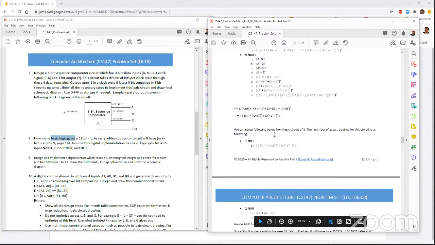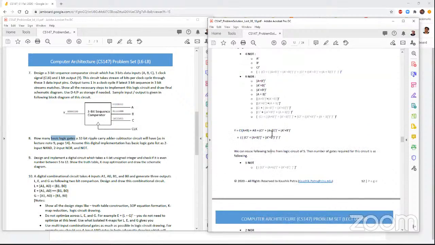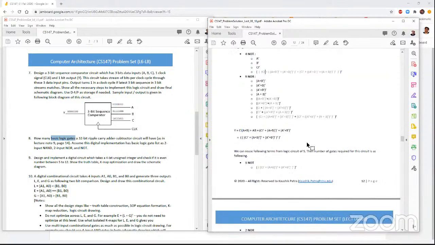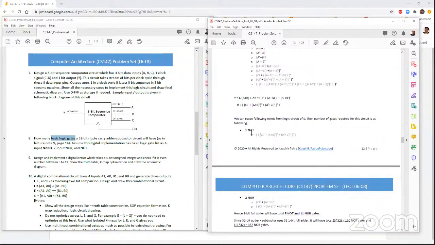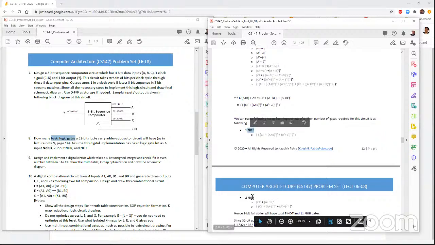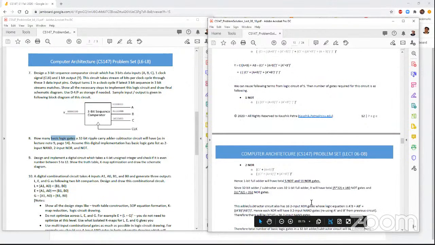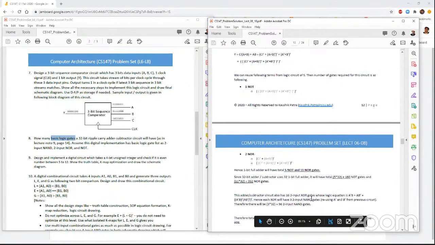We're not counting A bar, B bar for this NOT count because we already had them for the other part, so we will reuse them. We specifically need one more extra NOT here and 2 extra NOR gates here. Counting together, that gives me a total of 160 NOT gates and this many NOR gates, etc.